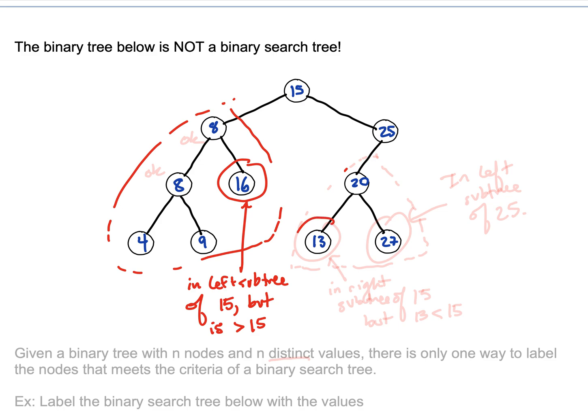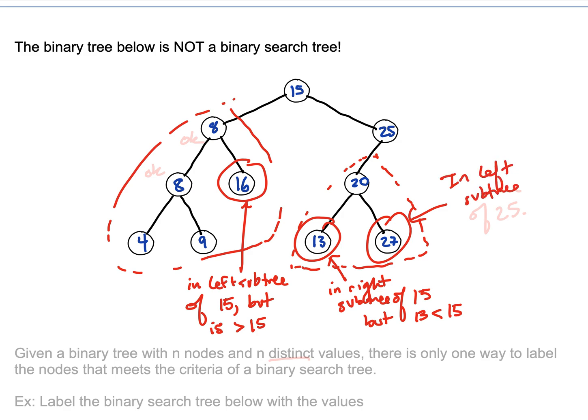Another error is here. 13 is in the right subtree of 15, but 13 is less than 15, so it should not be in its right subtree. And finally, this value 27 is in the left subtree of 25, but it is greater than 25, so that should not occur.